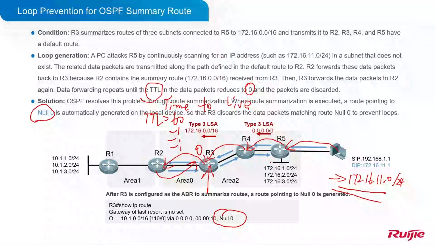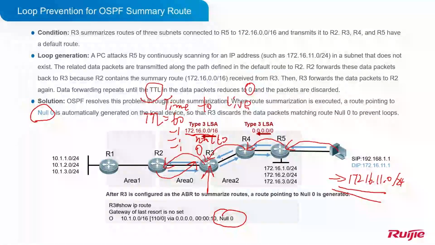Then we check the routing table, and we find we have the route 172.16.0.0, and the next hop is Null0.